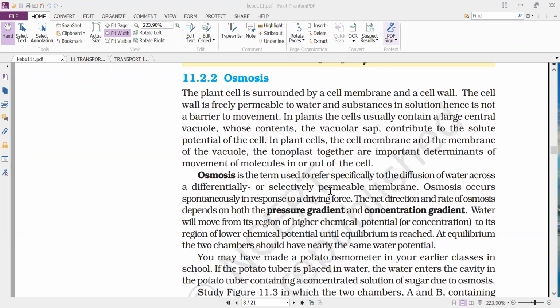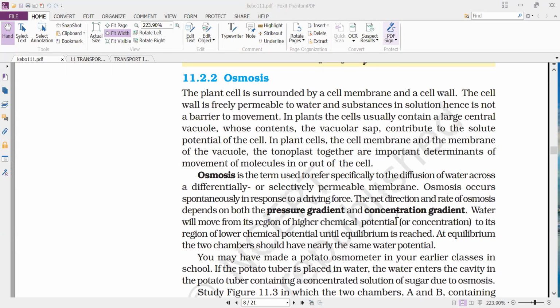That concentration gradient of water drives the water to move from one side of the membrane to the other. That is the driving force. The net direction and the rate of osmosis depend upon the pressure gradient and the concentration gradient.